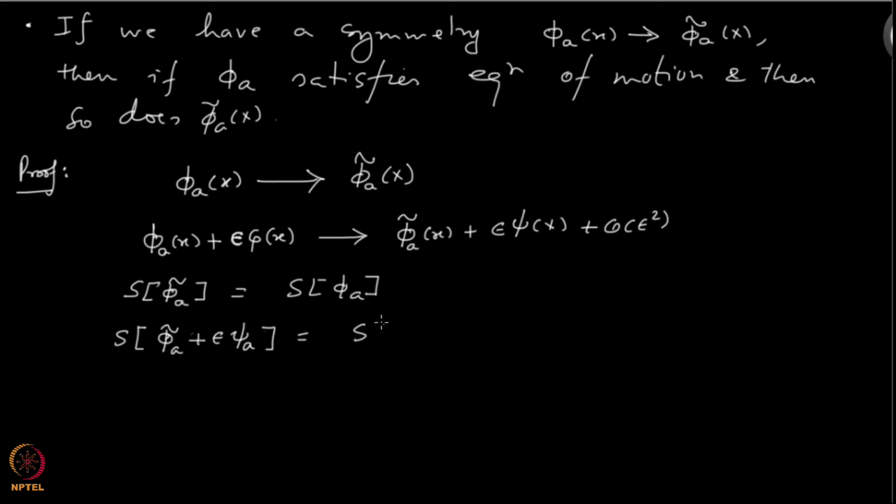Then the action will also have this property, this phi and that phi are different. I am suppressing x. And this is because of this piece. So, the action will differ by order epsilon square terms.